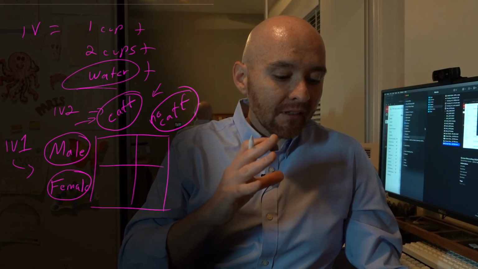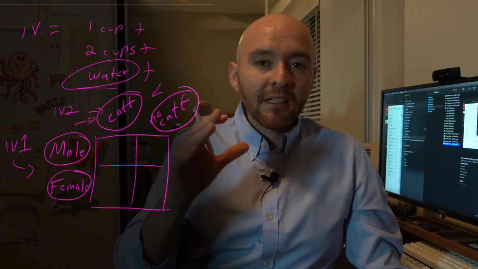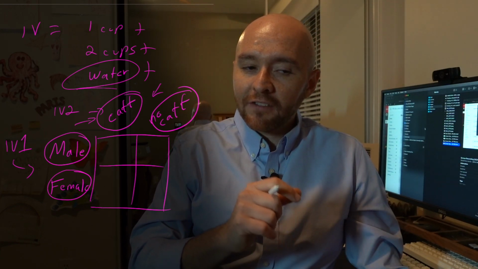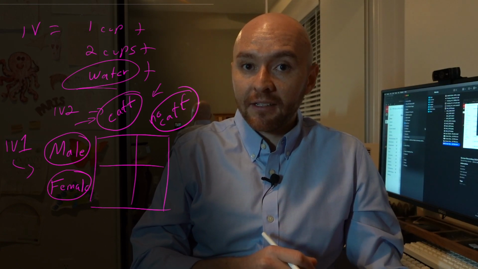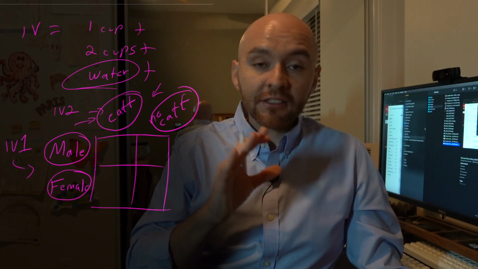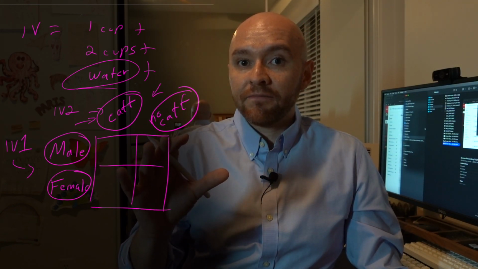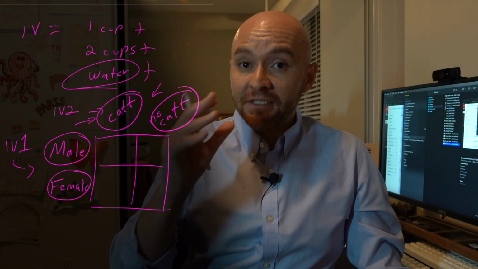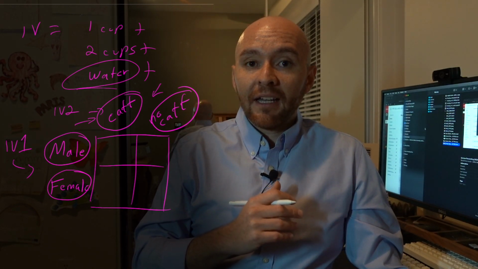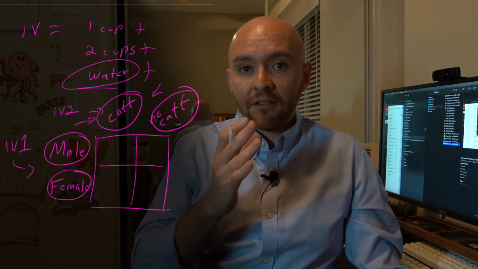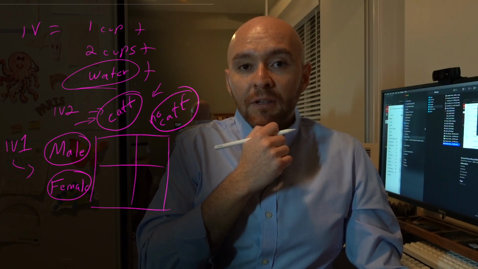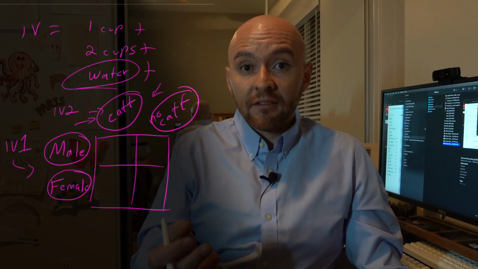So when I'm asking you to give me a hypothesis for the main effect, I'm asking you, just looking at one of your IVs, you might have participant sex, you might have age, right? Younger, older, you might have ethnicity.